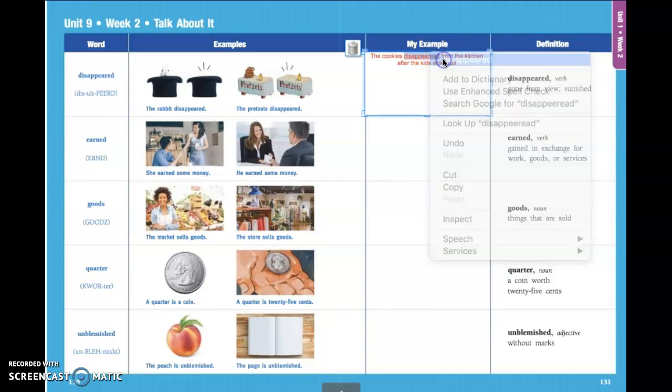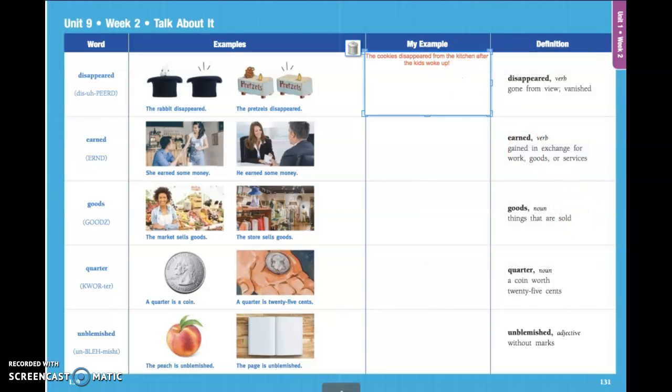Cookies disappeared from the kitchen after the kids woke up. Sorry guys, let me make it a little bit bigger for you. So the cookies disappeared from the kitchen after the kids woke up.